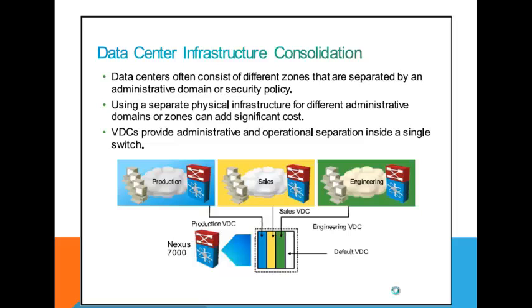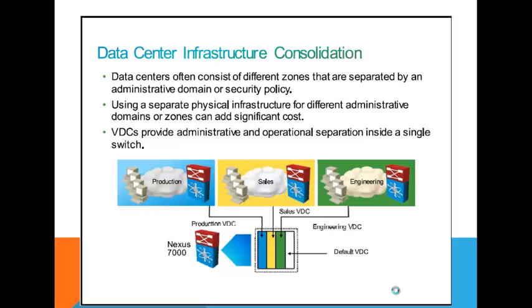So for all these reasons, we try to virtualize the physical device that we already have instead of going for a new device. So VDC provides complete isolation, administrative as well as operational, between VDCs.